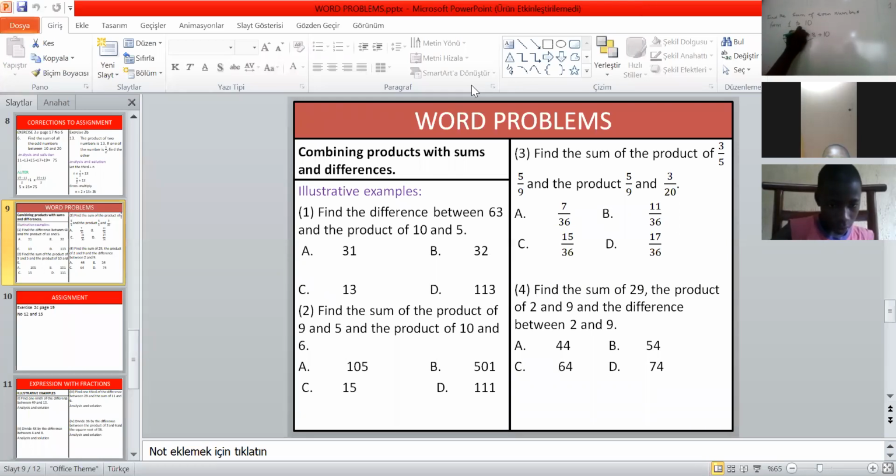If you pair this, it is 10, and this is 10, and I have 10 here. So 10 plus 10 plus 10 gives you 30. So we find the sum here gives you 30. Any question?